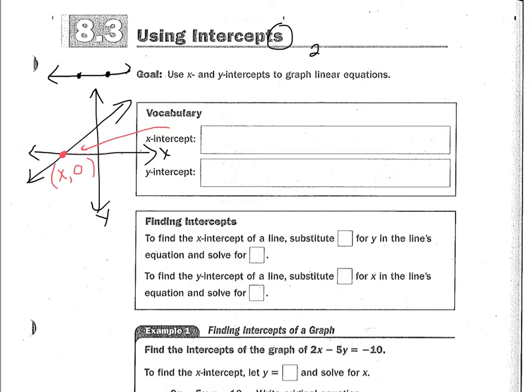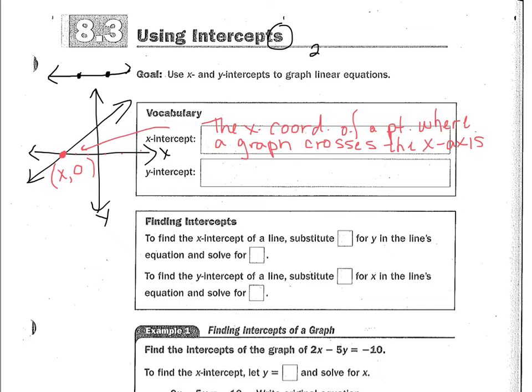So an X-intercept is the x-coordinate of a point where a graph crosses the x-axis.